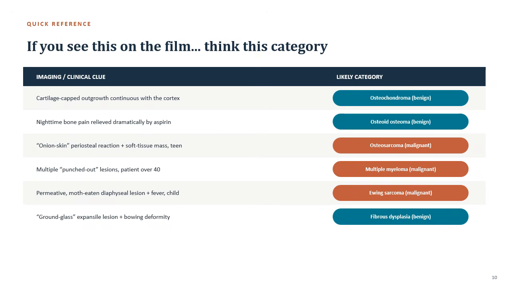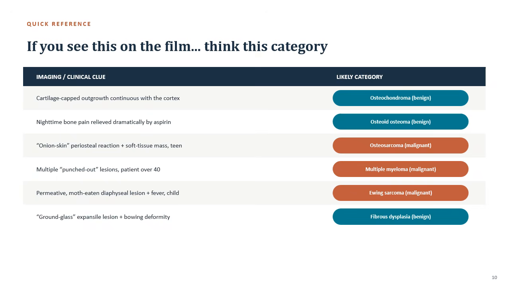A presentation of nighttime bone pain that's relieved with aspirin, we're looking at an osteoid osteoma, which is benign. If we have an onion skin periosteal reaction and there's some soft tissue mass, and we're talking about a teenager, we're looking at an osteosarcoma, and it is malignant. If we're looking at a patient over 40 that has multiple lesions that appear punched out, we're looking at multiple myeloma, and it is malignant.